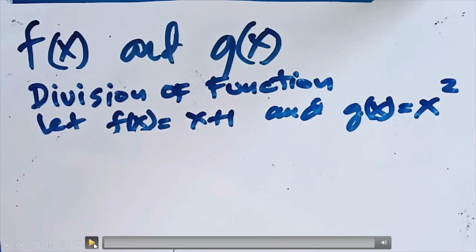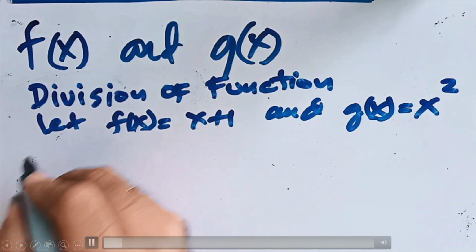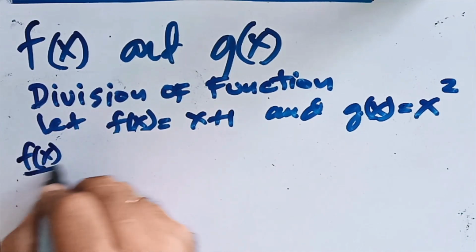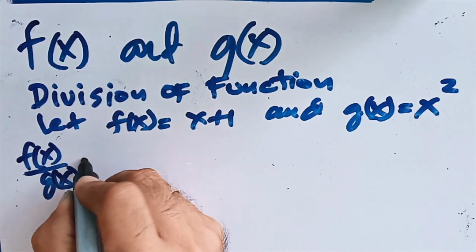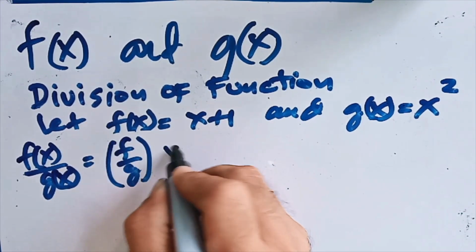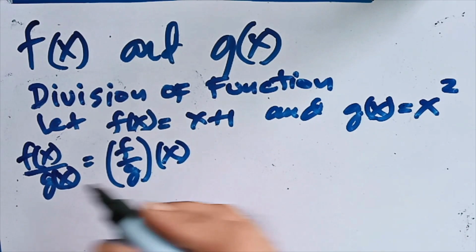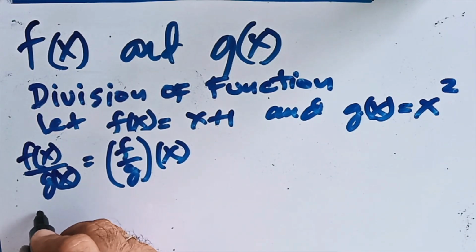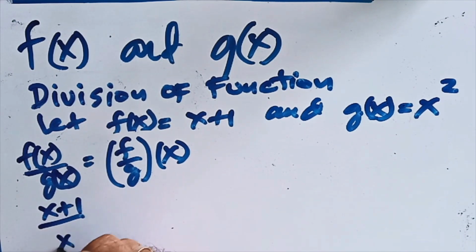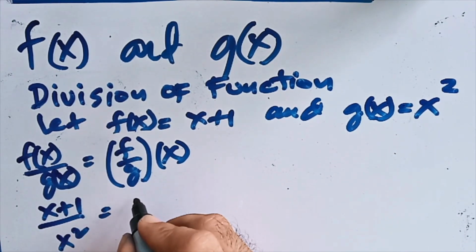Next, and the last, we have the division of functions using the same values of f of x and g of x. So we have f of x, x plus 1, in the numerator and x squared in the denominator.